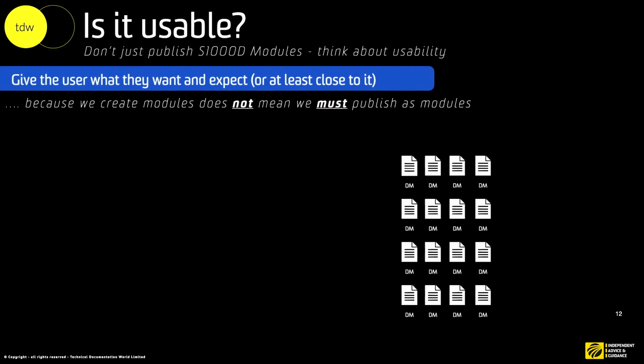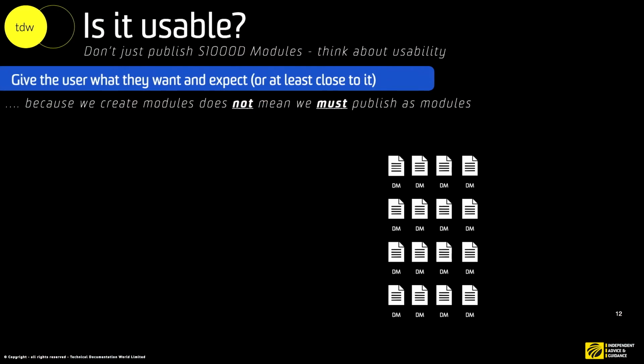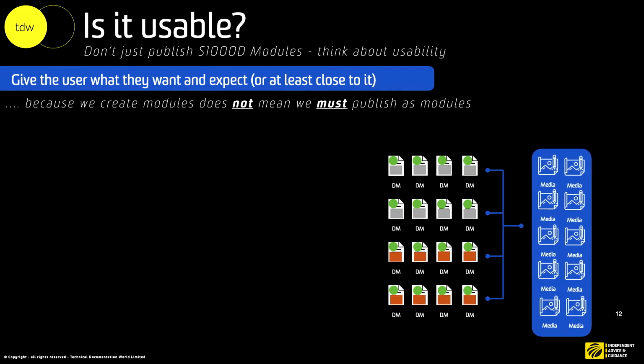So when we are talking about modularization, we break down our content, and we have in our S1000D modules lots of self-contained auto-generated pieces of information. So whether that's, for example, a table of contents, or a list of tables, list of figures, etc. And we have our content information that will reference out to media pools or media libraries.